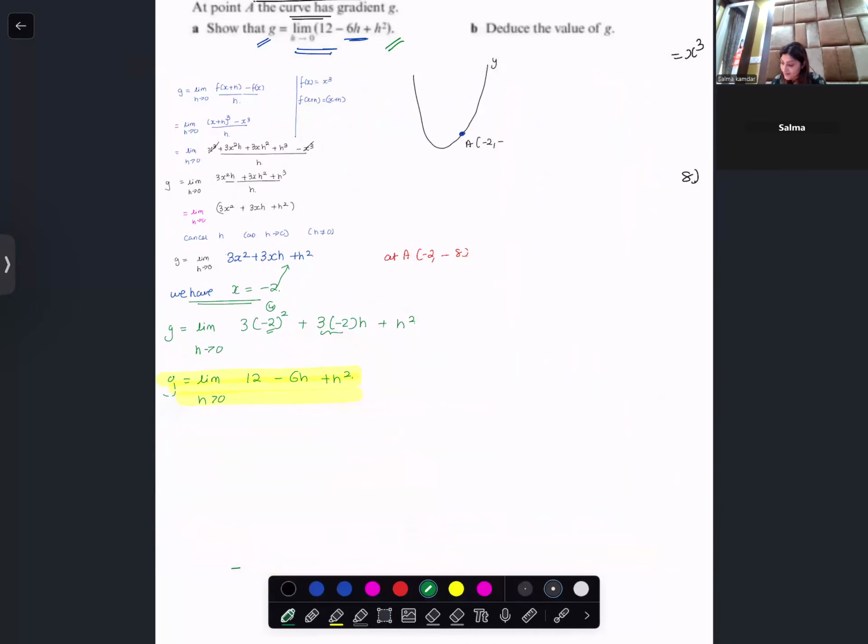Now deduce the value of g. When I say deduce the value of g, that means I am supposed to find the B part. I am supposed to find g. Okay. So if I'm supposed to find g, I will take the limit as h tends to 0.